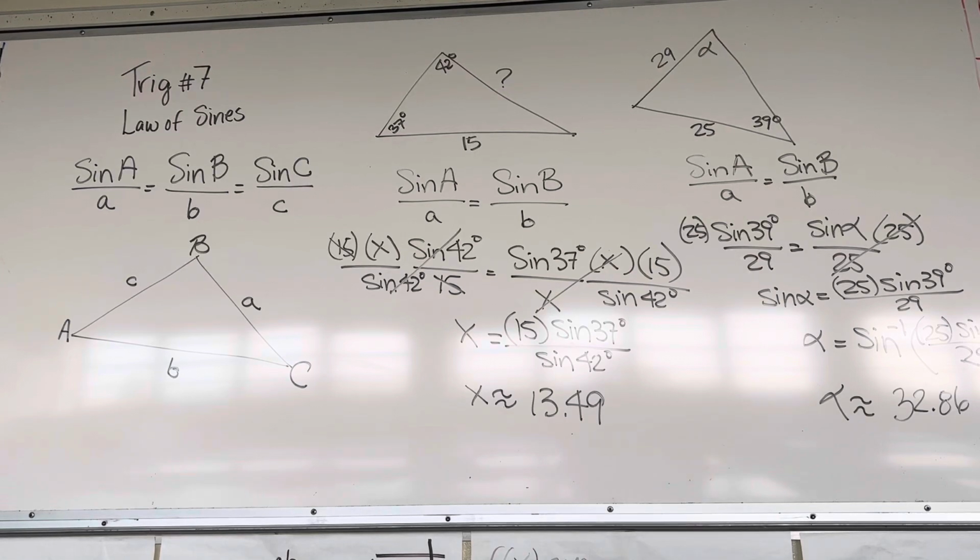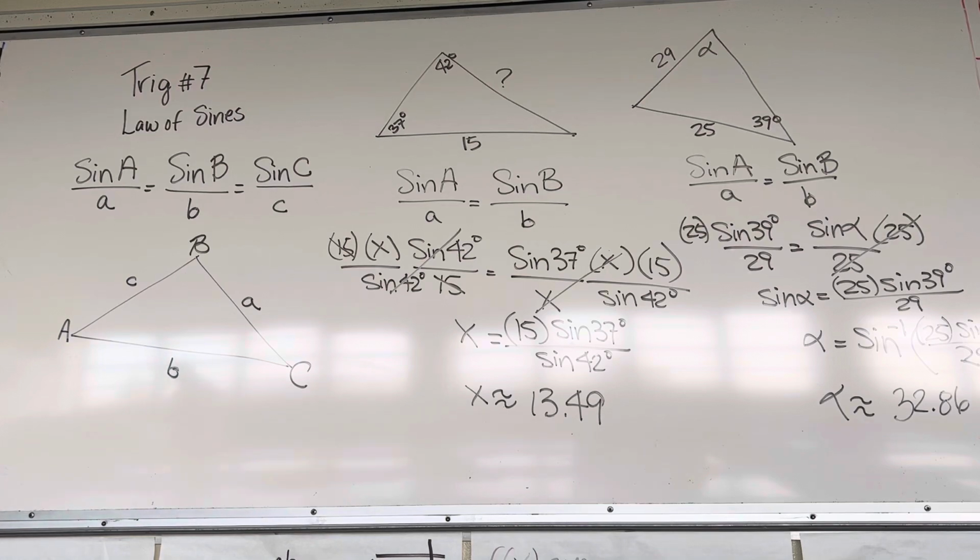Go. Ready? Do 39 sine times 25 equals. Good. Now divide by 29 equals. Now second. Yes, you got it. Yes, ready?